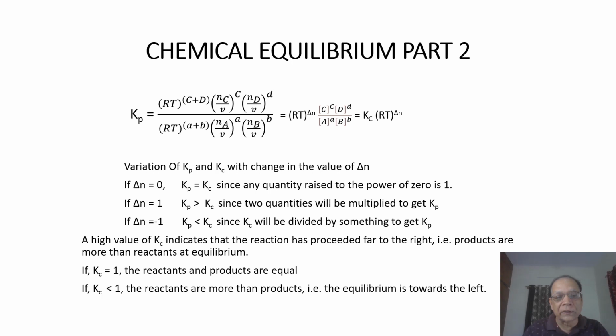If del n is 1, then RT raised to the power 1 will remain RT. So you have to multiply Kc with something to make it equal to Kp. In this case, Kp is greater than Kc, since two quantities will be multiplied to get Kp.